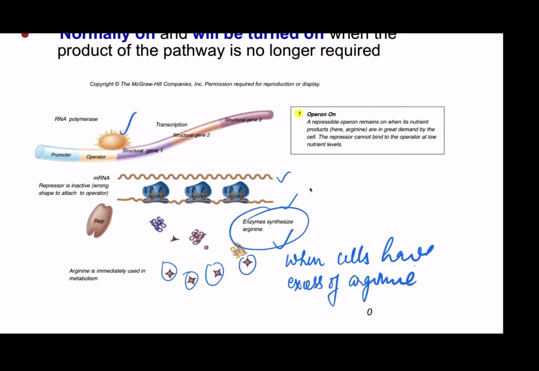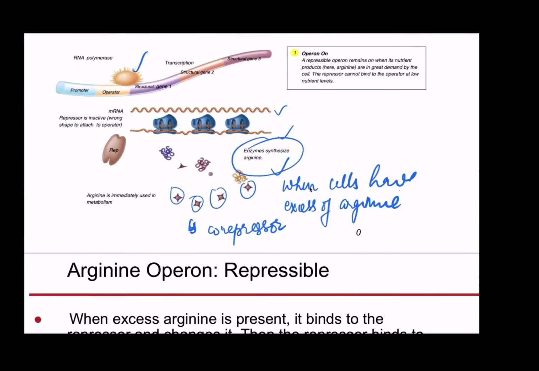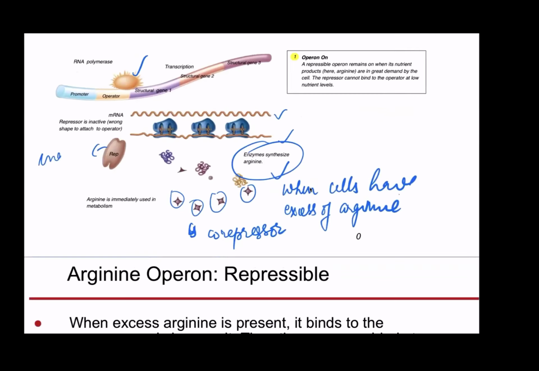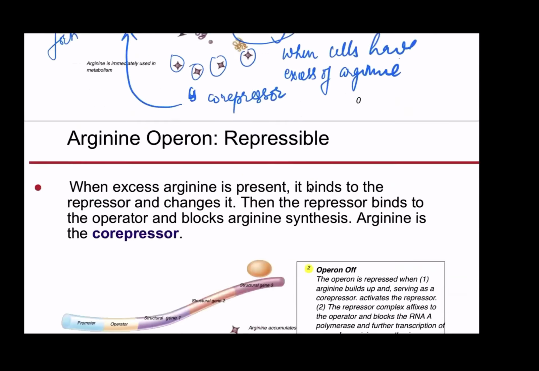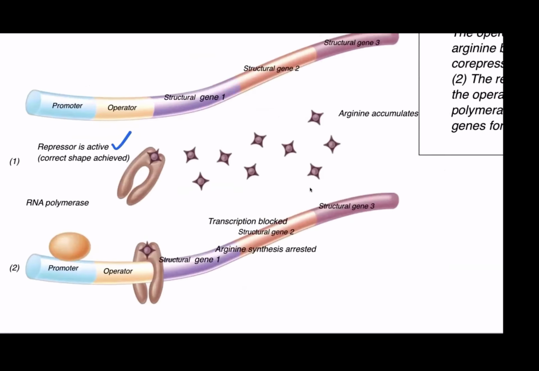So arginine acts as an inhibitor, kind of, it will act as a co-repressor, because the repressor is here. Right now it's in inactive form. This will bind to the repressor, and in the next slide you can see the repressor is active.